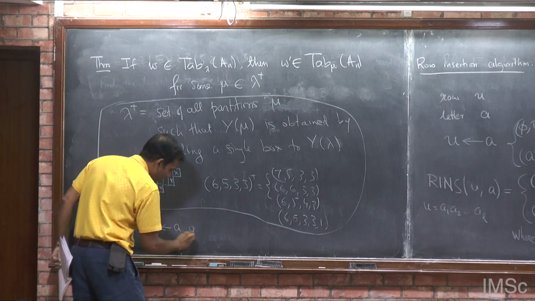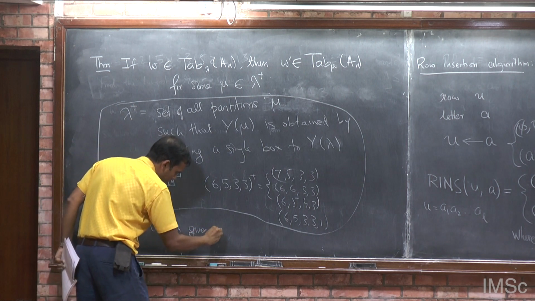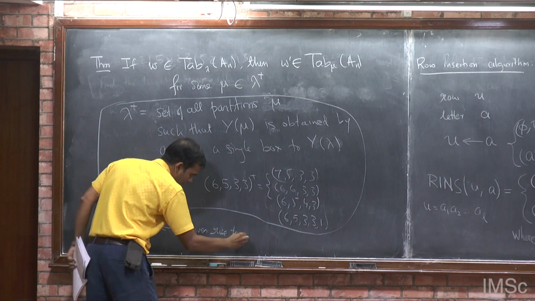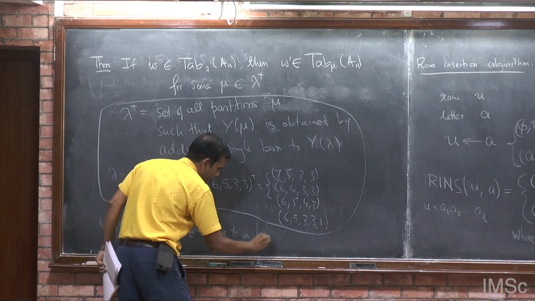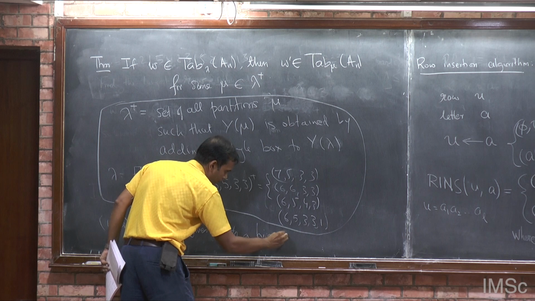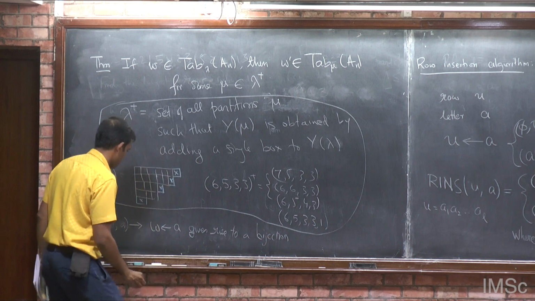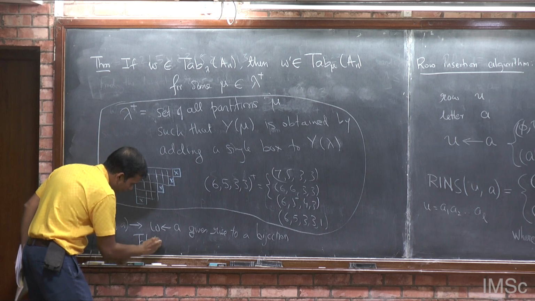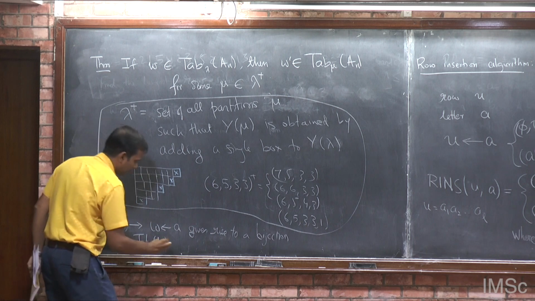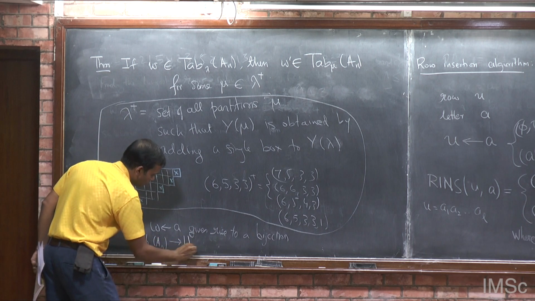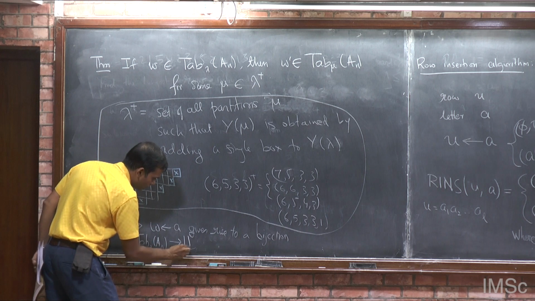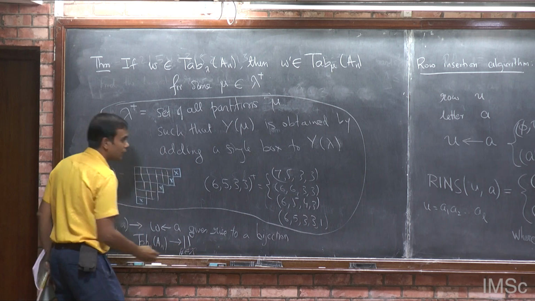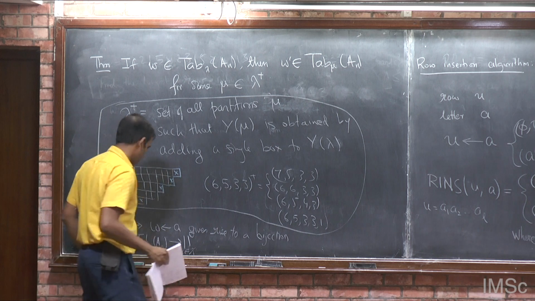Gives rise to a bijection from tab lambda A n to the union over all mu in lambda plus, maybe I should write it on the next page.